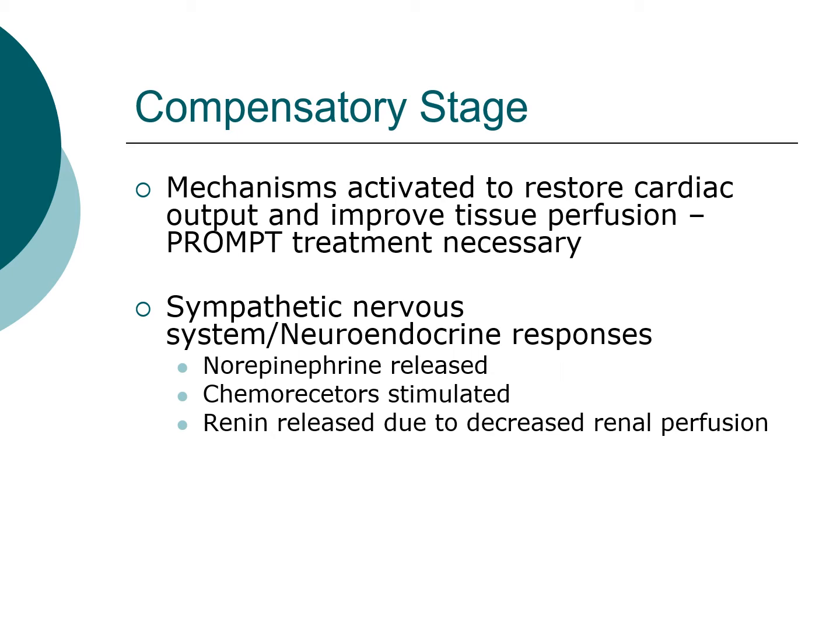So we get good vasoconstriction to improve perfusion, improve blood pressure. So the compensatory stage is what your body is doing to react to this. So what we have to do is, again, with our good monitoring and our assessments, realize that this individual's body is compensating for the perfusion and oxygenation issues, and we need to jump in and help with that.